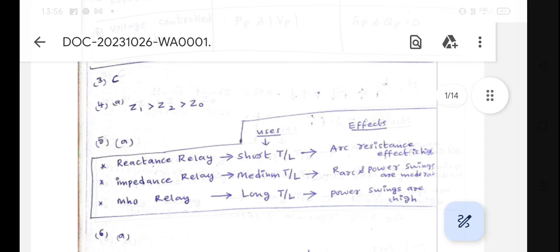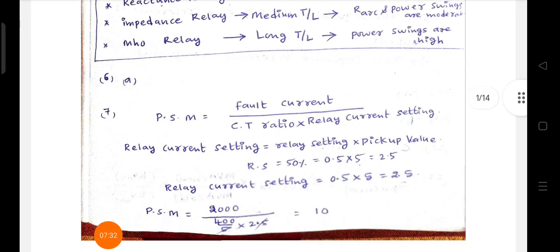Now I can substitute all those values in the formula. Plug setting multiplier is equal to fault current, which is given as 2000 amperes, divided by CT ratio into relay current setting. Relay current setting is equal to relay setting into pickup value.